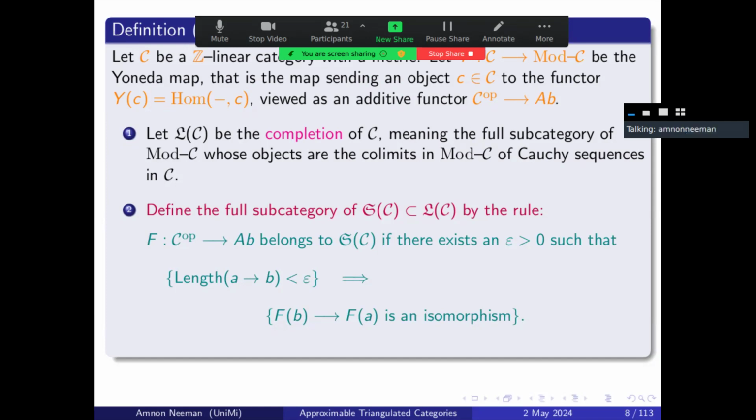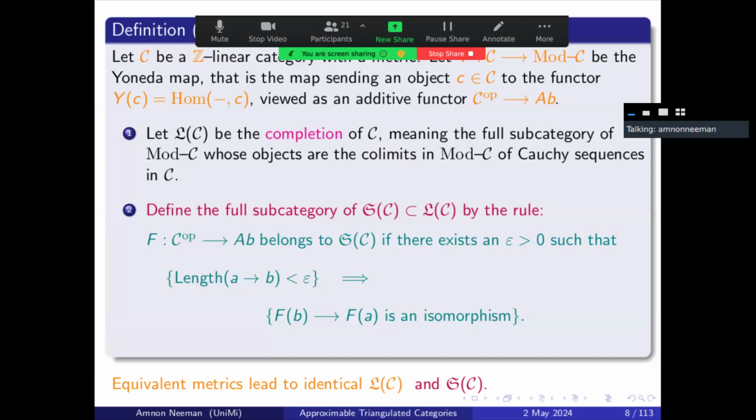This defines S(C), and the only thing I can observe in this generality is that equivalent metrics lead to identical Cauchy sequences, identical completions, and identical S(C). So all of these constructions depend only on the equivalence class of the metrics.